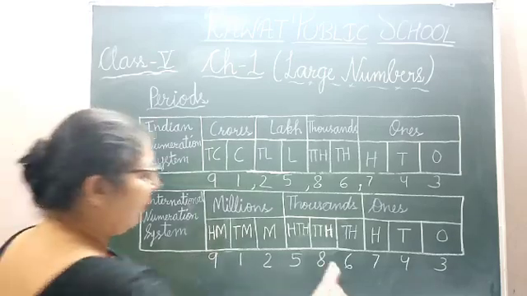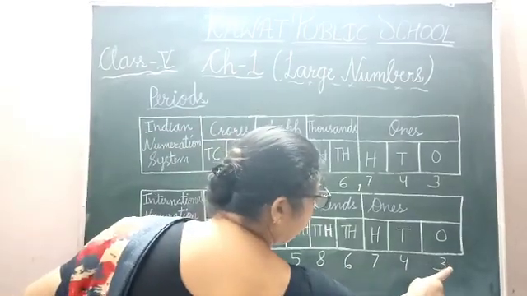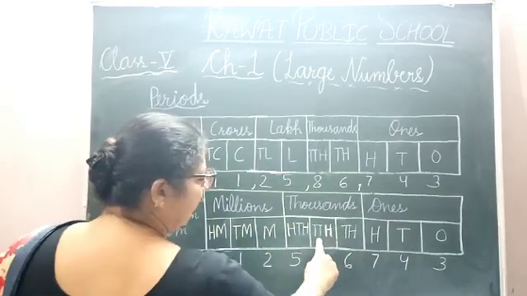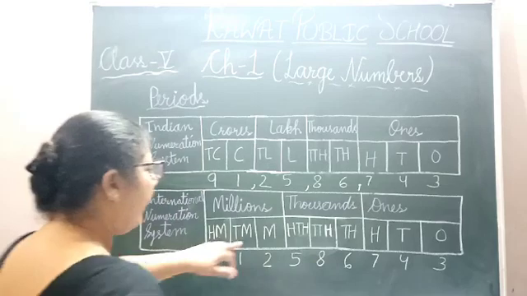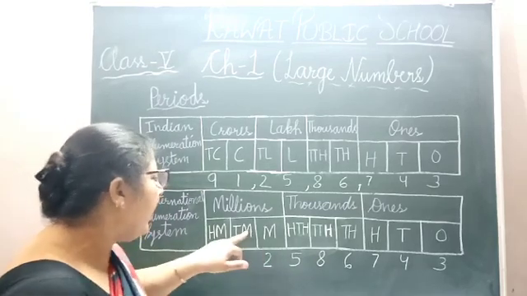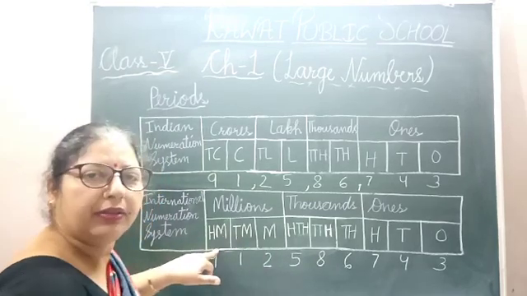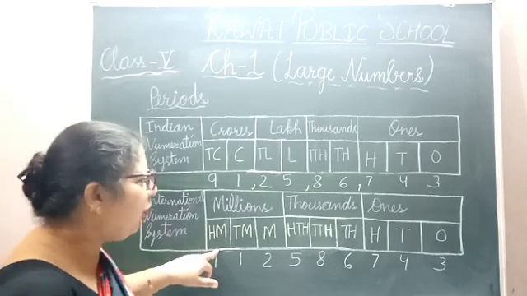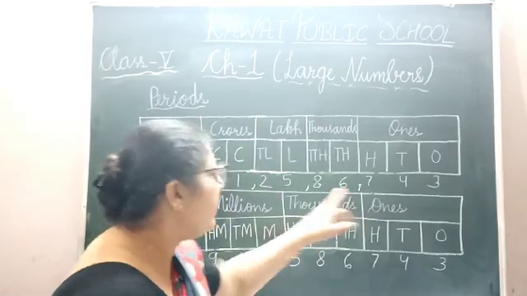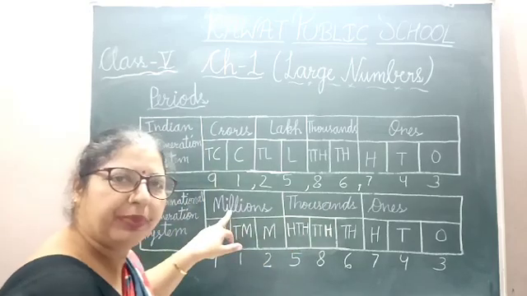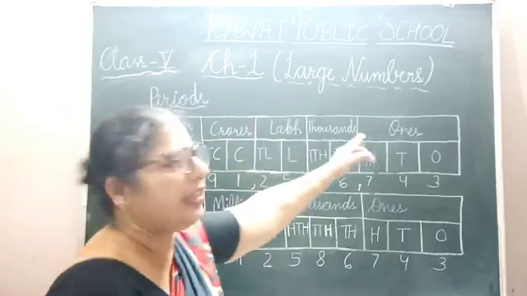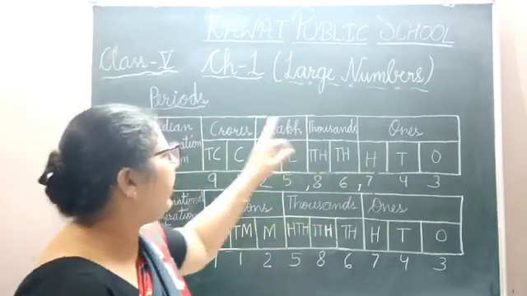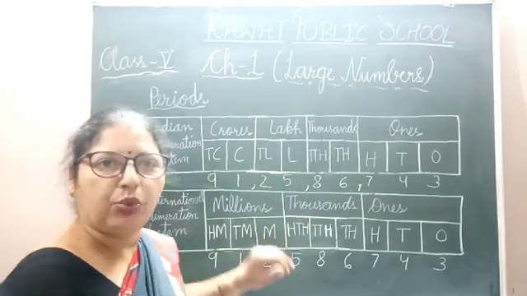So in the international system the first period is ones, tens, hundred, the second is thousand, 10,000 and 100,000, and the third period is million, 10 million and 100 million. There are 3 periods in the international system: ones period, thousand period and millions period. And there are 4 periods in the Indian system: ones period, thousand period, lakh period and crores period.